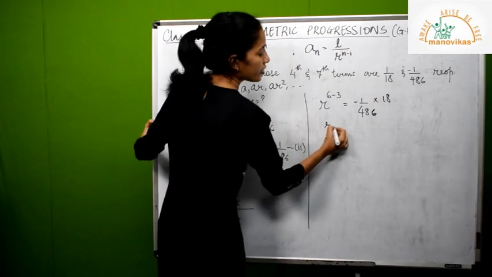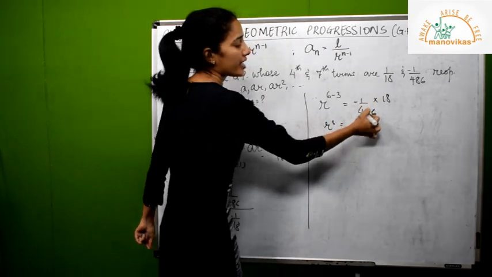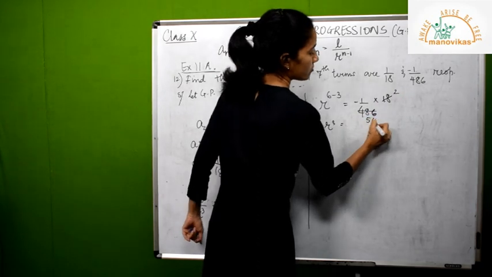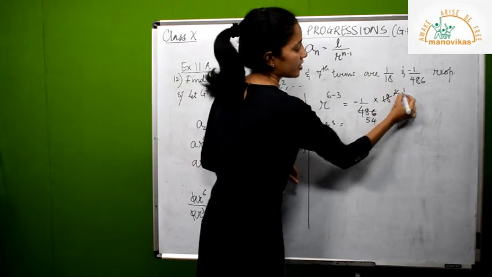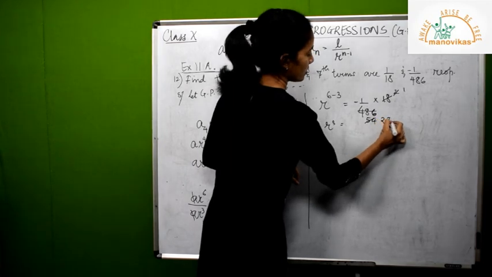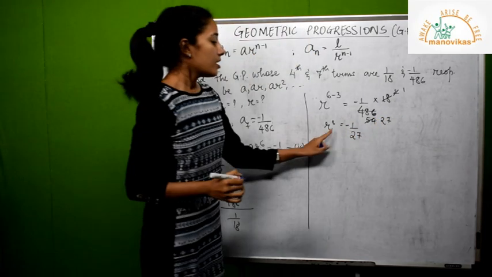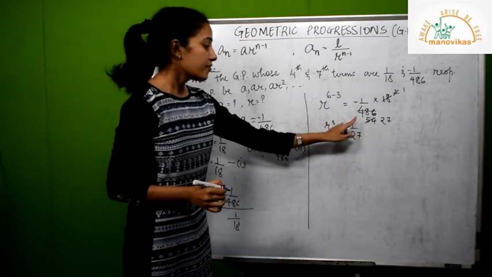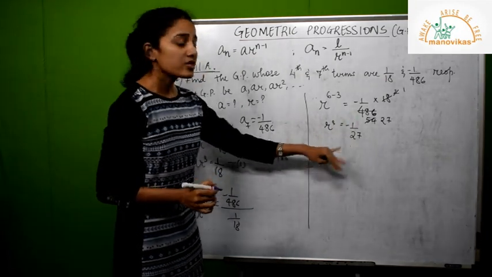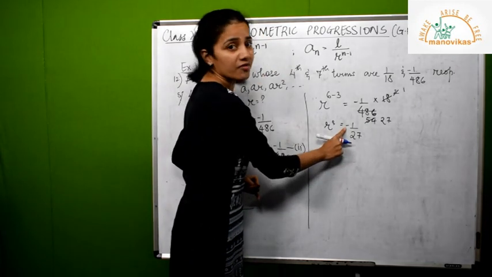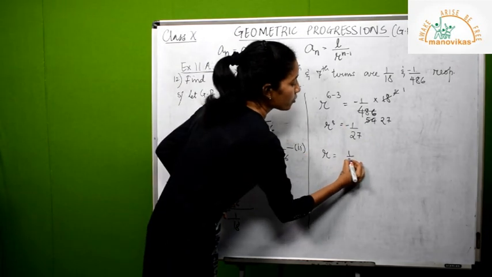So r cube will be equal to, so you cancel this, 9, 2, 4, 54. This again reduces to 27. This is nothing but 1 upon 27. r cube is equal to negative 1 upon 27. Now when you are taking the cube roots, r will be equal to, irrespective of the negative sign, 1 upon 3.